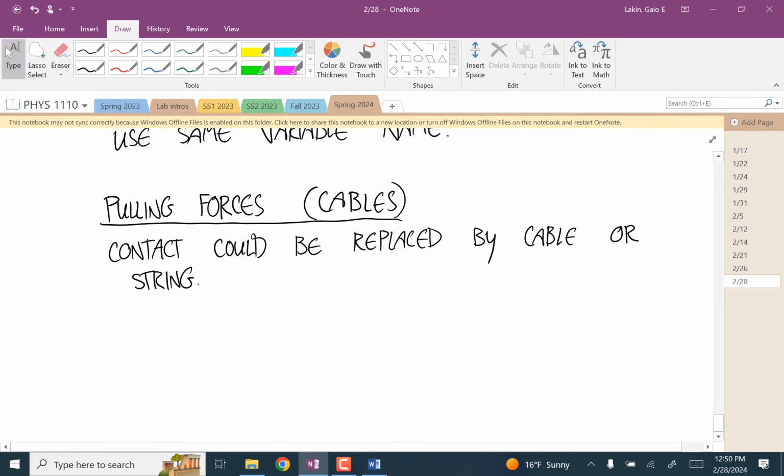Okay, so I said that a pushing force is keeping the chosen object from invading the space of the surroundings. A pulling force is when the surroundings are keeping the chosen object from escaping.